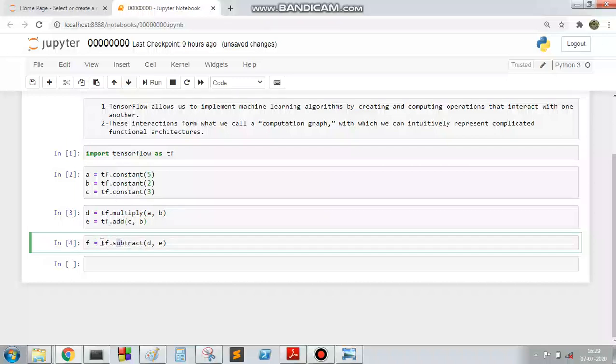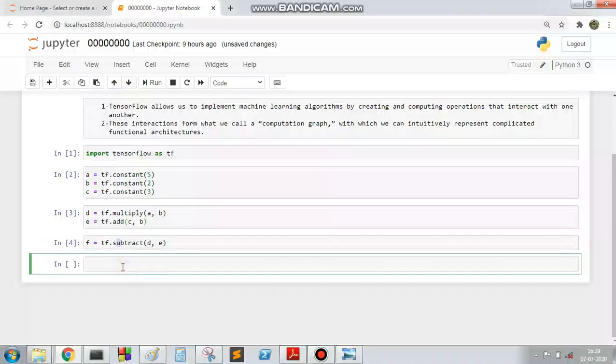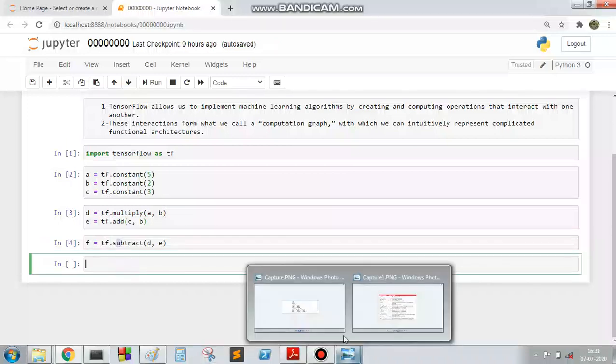That means F does subtraction, E does addition, D does multiplication, C is a simple constant, B is a constant, A is a constant.